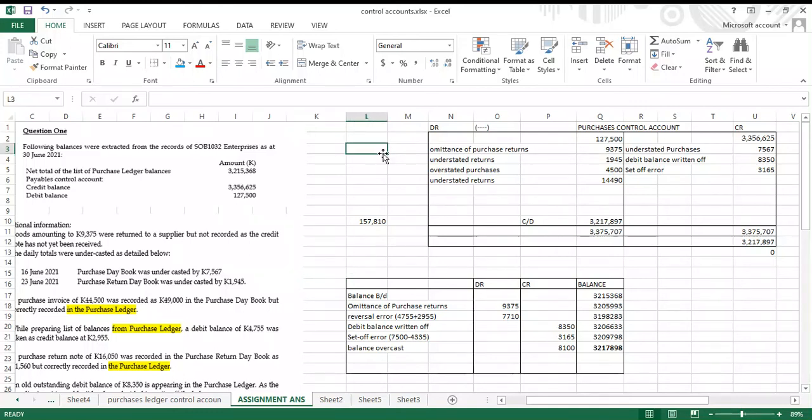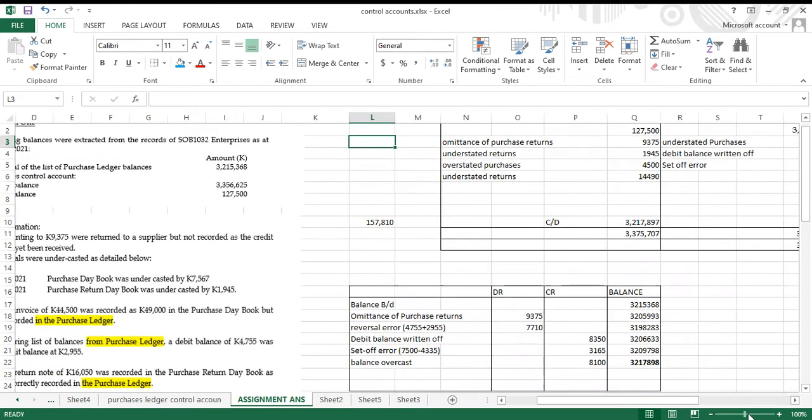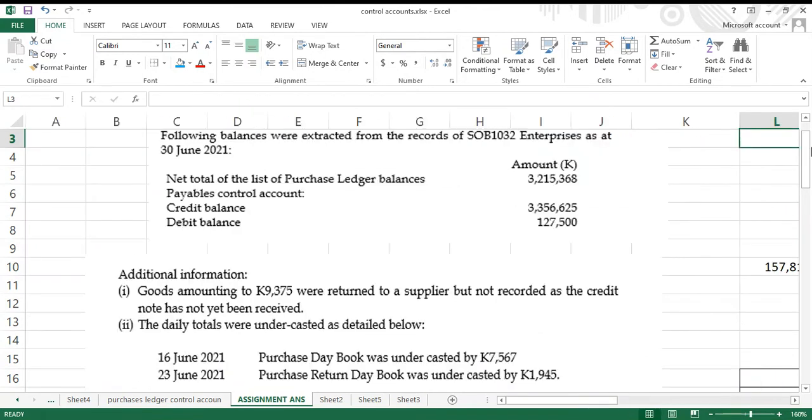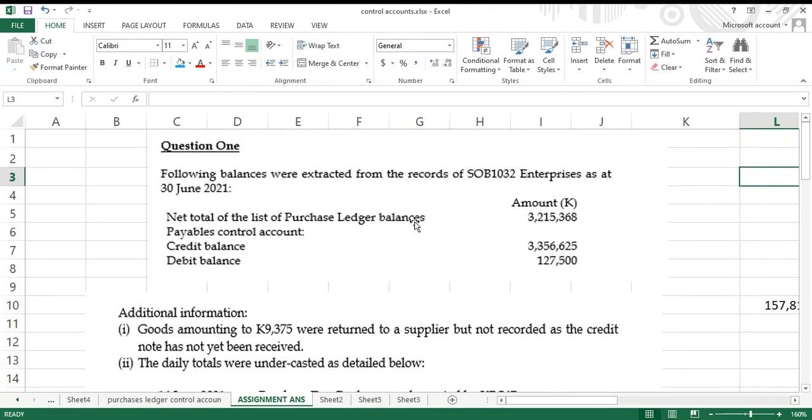Alright, so we're reviewing question one on the assignment. It says the following balances were extracted from the records of SOB 1032 at 30th June 2021.